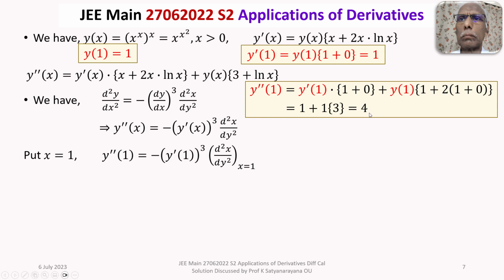So y double prime 1 is 4. So substitute here: 4 is equal to minus y prime 1 which is 1, 1 cube is 1 only, into d square x by dy square at x is equal to 1. Thus we got d square x by dy square at x is equal to 1 is equal to minus 4.